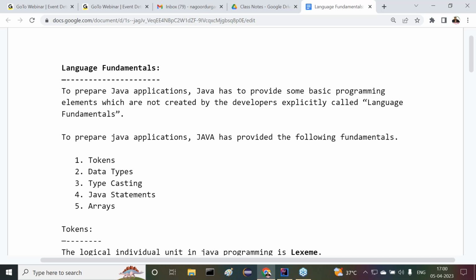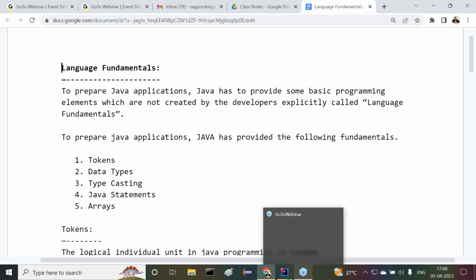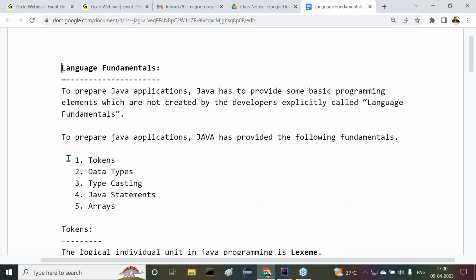The resources which are not possible for the developers to create, the resources which must be provided by the programming language, are called language fundamentals. What are the various language fundamentals we require to prepare our Java applications?